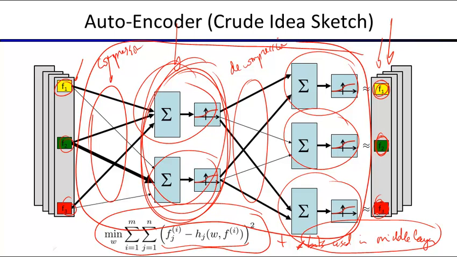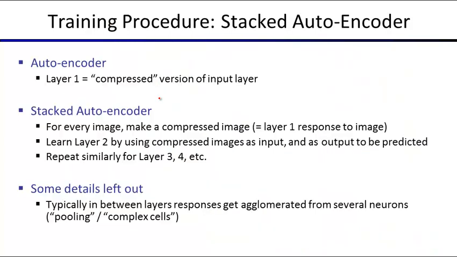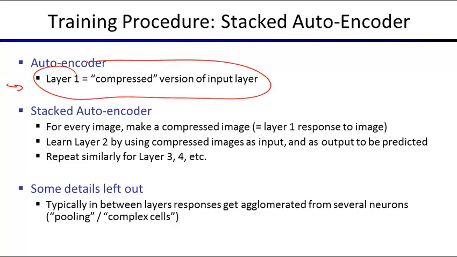And the main idea is that by learning these compressed representations, maybe we're learning the right thing. So what you would do is you say, learn an autoencoder. This first layer is a compressed version of the input. Then you say, now I know how to compress inputs. Let me take all my input images, compress them, and then repeat this procedure.